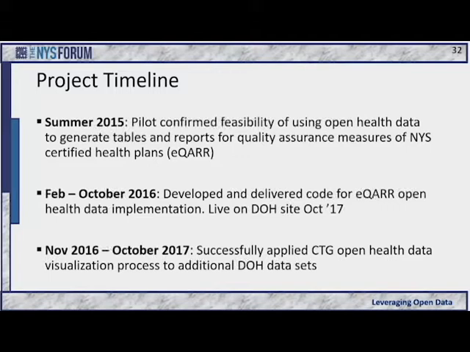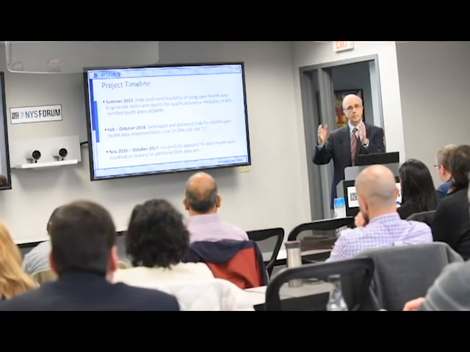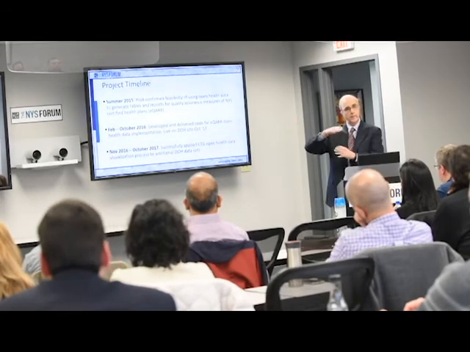So from there, we went ahead in February to October of 2016, where we developed and delivered code for the first data set, what they call the EQUAR, which is Quality Assurance Reporting Requirements. Basically, it's reporting they have to do that evaluates the different healthcare plans across New York State on different measures, such as health measures, like how are they doing with treating bronchitis, with diabetes, with those kinds of things.